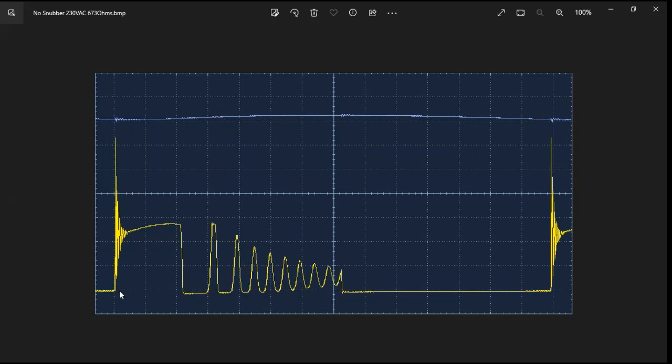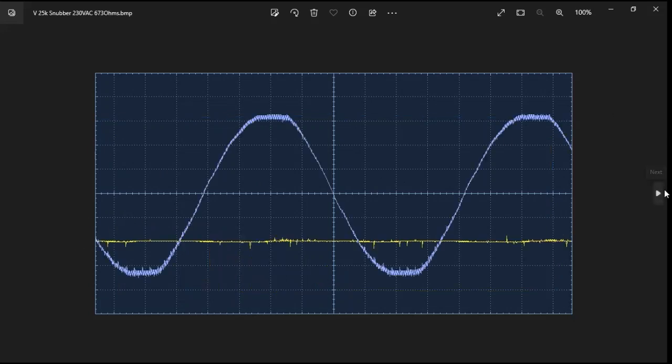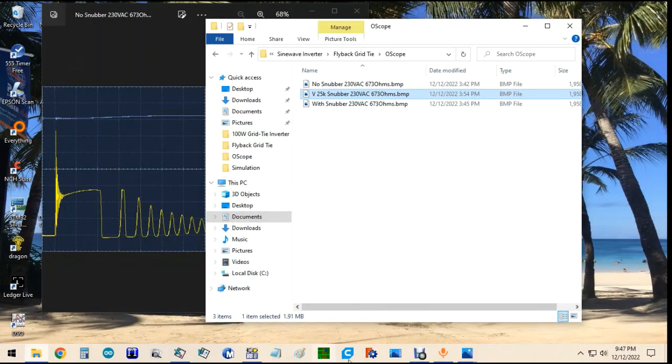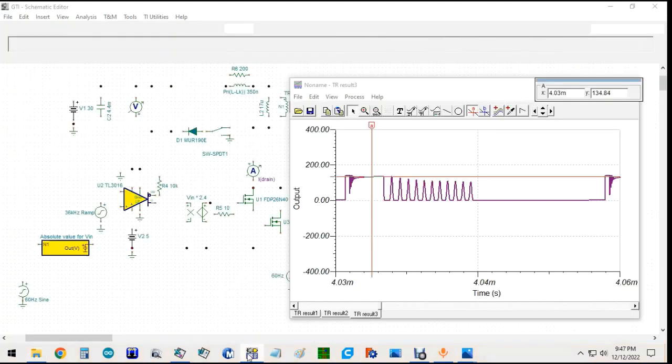Without the snubber, we were 50, 100, 150, 200, 300, 350, we were like 370, 380. And as you can see, we dropped to about here, right? But it's not down here. It's not cut off like it's showing in the simulation, right? There's still something there, but it's much less now. So why is that? The answer is pretty simple.